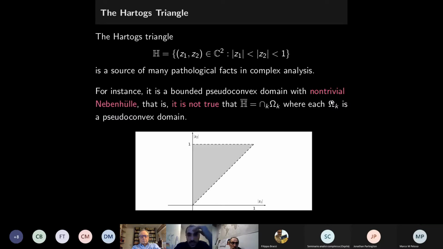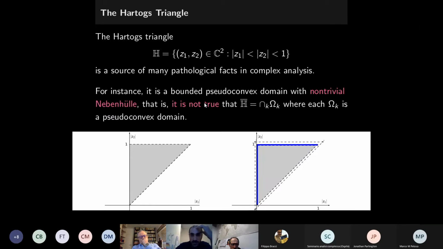Now, it's not hard to see that it has non-trivial Nebenhülle. It is quite a well-known fact, but it's quite simple to see it, so I will spend a couple of minutes showing this fact here. Let's take an epsilon-neighborhood of the Hartogs triangle. Here I just drew a slightly bigger triangle, but as soon as we take a neighborhood of the closure of H, we can consider this L-shaped domain here, in blue.